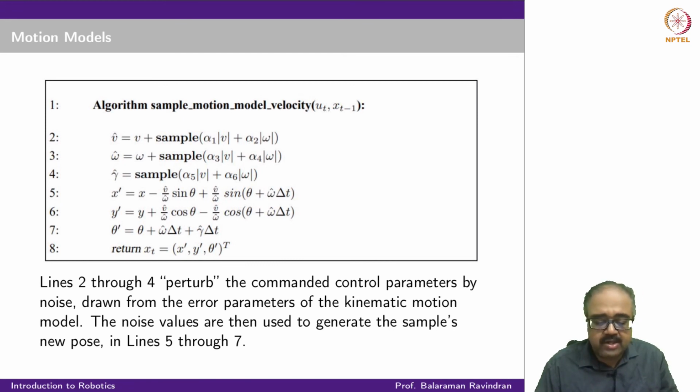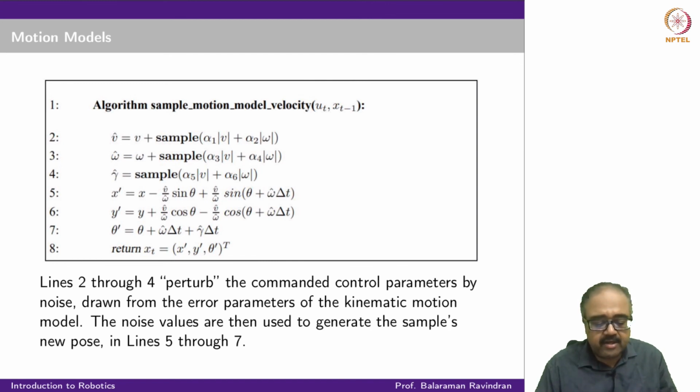Now, my actual angle theta prime is given by theta plus omega hat delta t plus gamma hat delta t, and my x prime and my y prime are given by these expressions. This is essentially the forward model. I start from x, y facing an angle theta, and I move with v hat, omega hat as my velocities, and therefore I end up with x prime and y prime as my final positions.